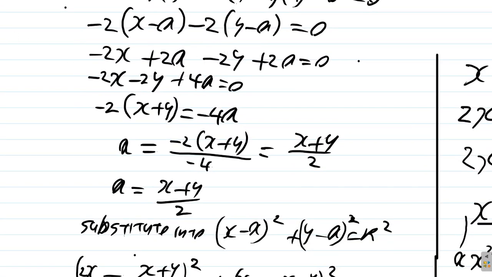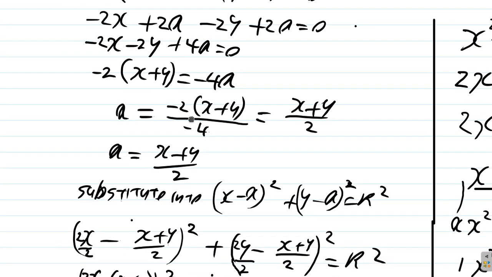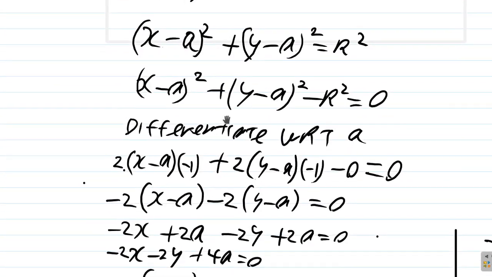Factor out, so we have negative 2 outside the bracket, x plus y in the bracket. Subtract 4a from both sides, we get minus 4a equal minus 4a. Divide both sides by negative 4, and then simplify, you get (x plus y) over 2, right? Then here, a is (x plus y) over 2.